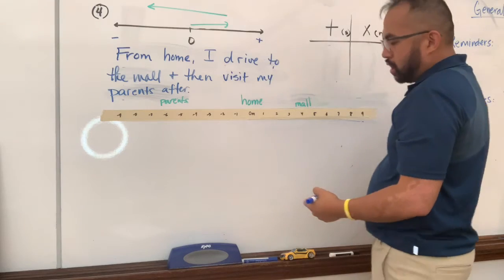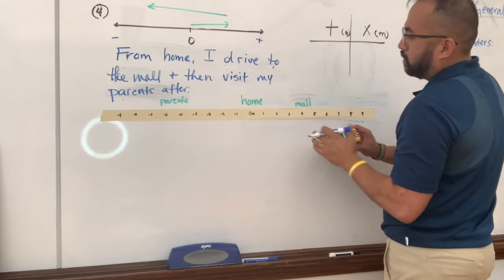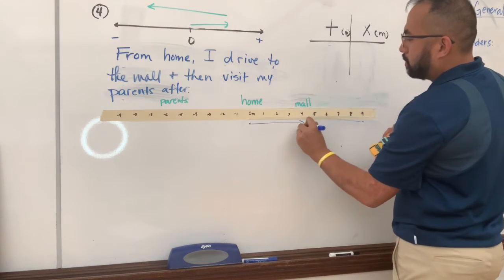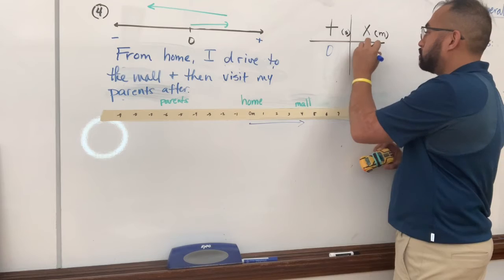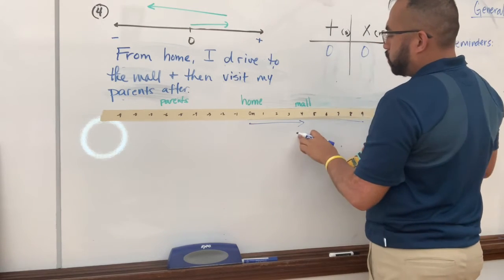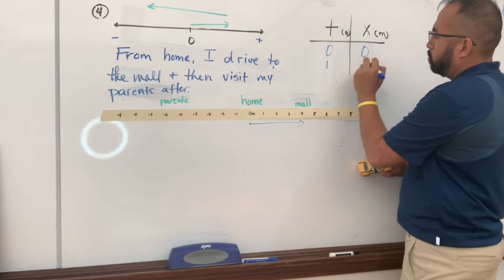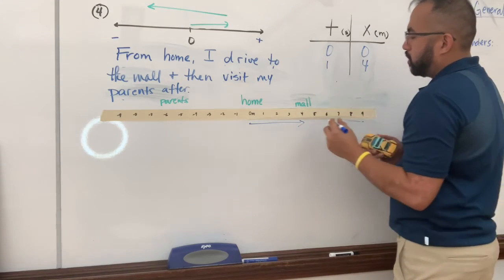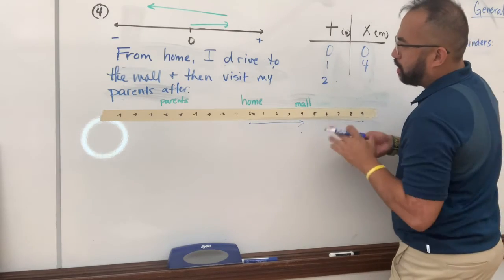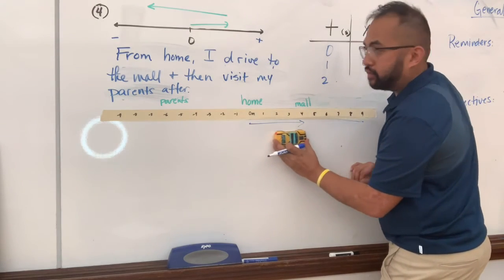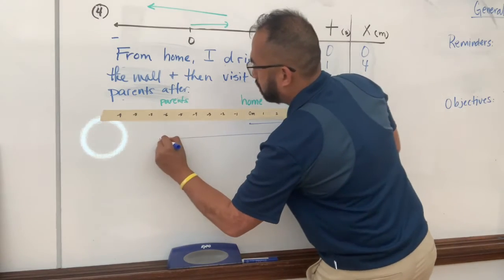So again, just to visualize, from home to the mall, at time 0, your position is still 0. Once you reach the mall at 1 second, this will be 4 meters. But then at 2 seconds, I'm going from the mall to my parents all the way over here. They are at -6 meters.